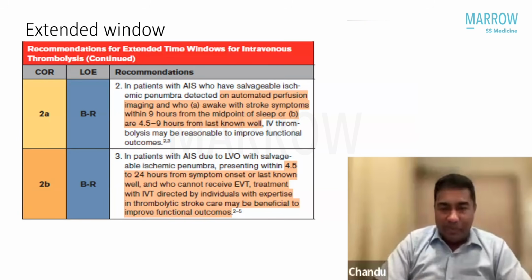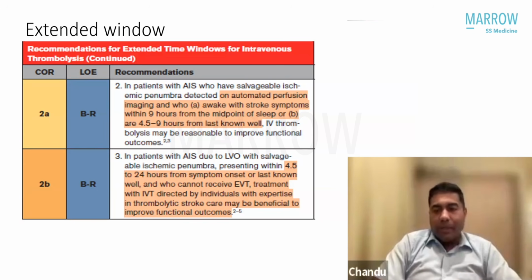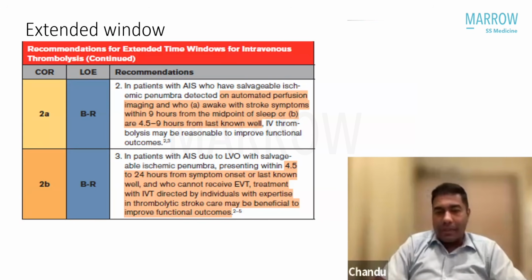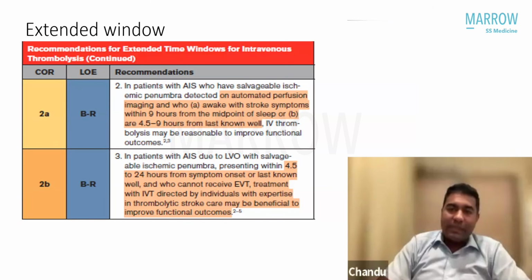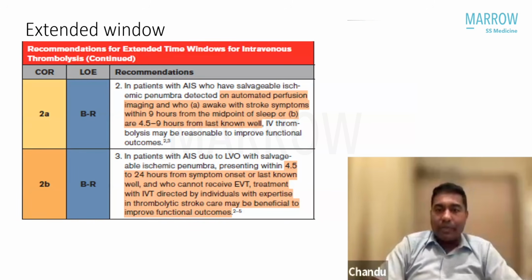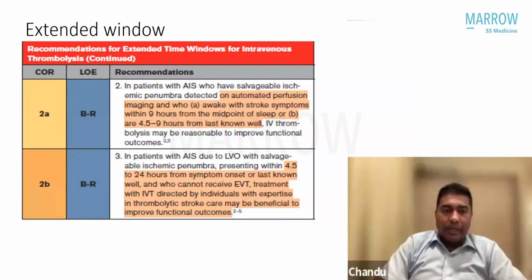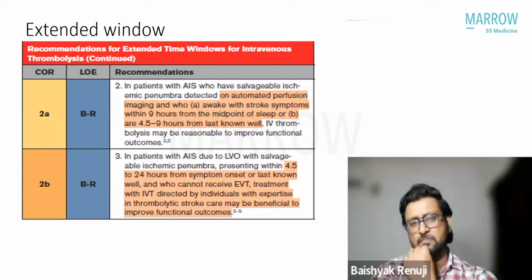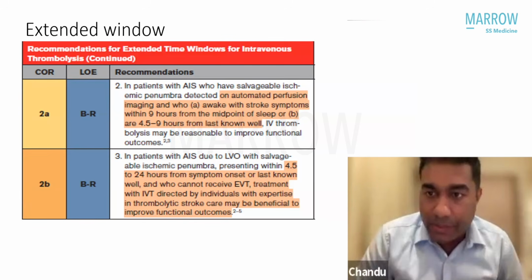See, I'm into this: if you know the time period is within 4.5 hours of onset of symptoms, MRI showing diffusion FLAIR mismatch, go for lysis. That's it. CT perfusion and all nowadays is becoming a little complicated. Many hospitals don't have CT perfusion images and this type of software-based automated setups. It clearly tells us that there is 2A, 2B evidence, right? So we always have to go for the class 1 evidence, which is better for the patient.